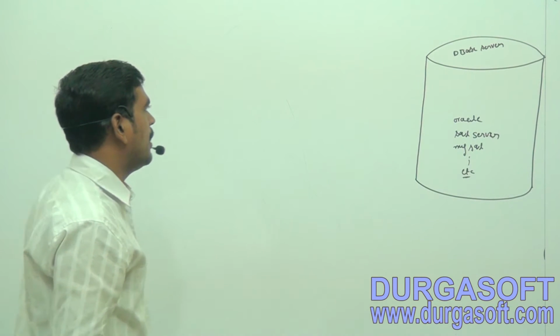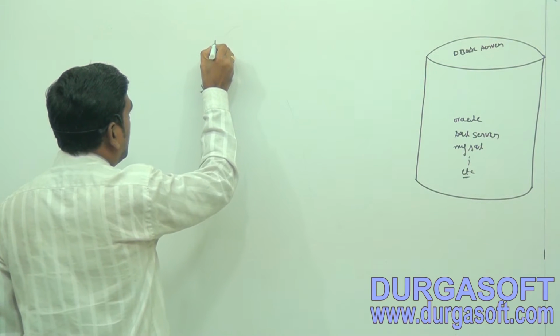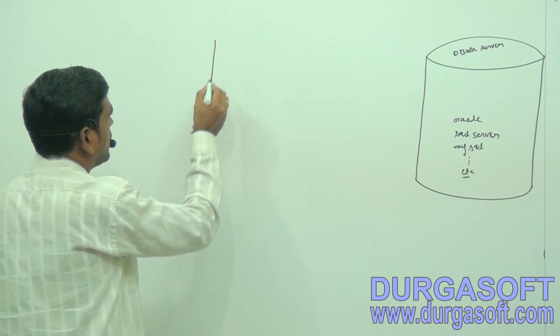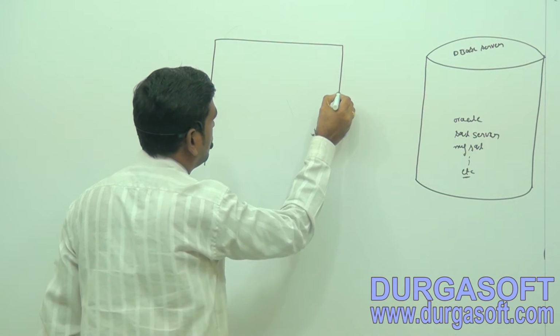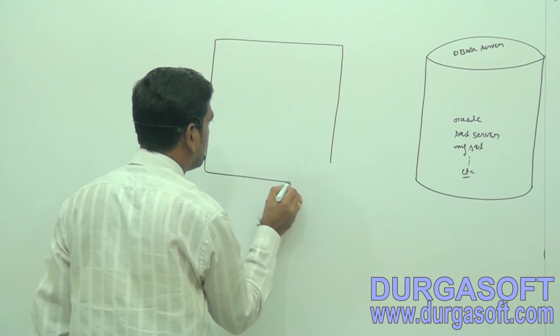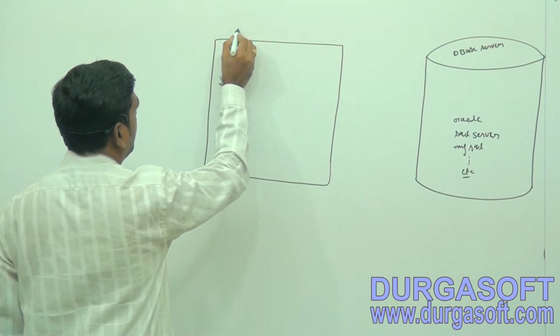Now we can install middleware servers. This is the application server called GlassFish server, assume that.